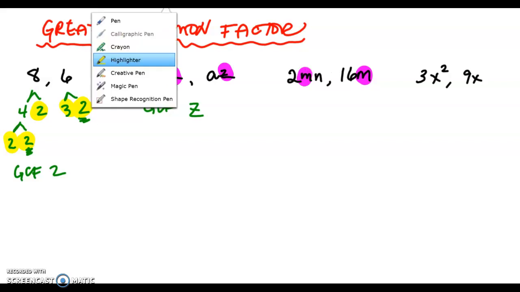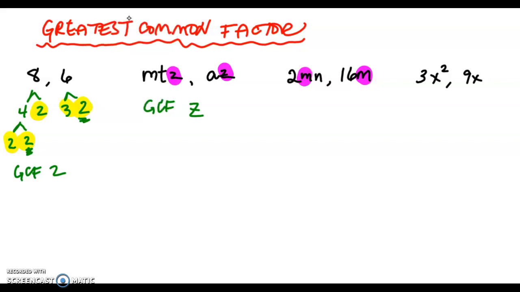The coefficient refers to the number in front of the variables. And we could write a factor tree. I can see that here the lowest factor is 2. And here, if I wanted to factor that out, it would be 2 times 2 times 2 times 2 gives you 16. So we have a common 2. Our greatest common factor then of these two terms is 2M.